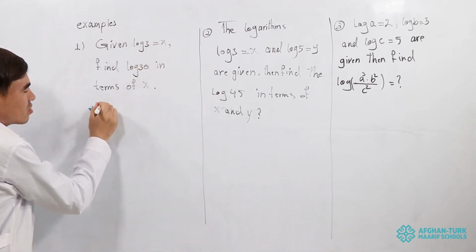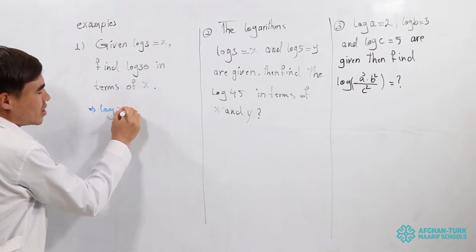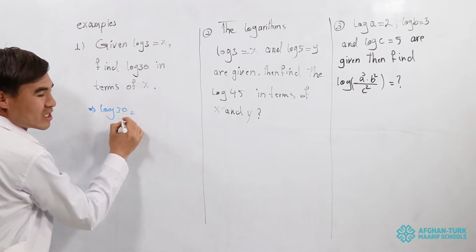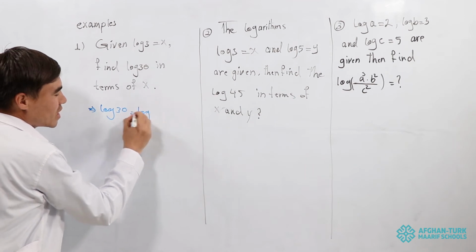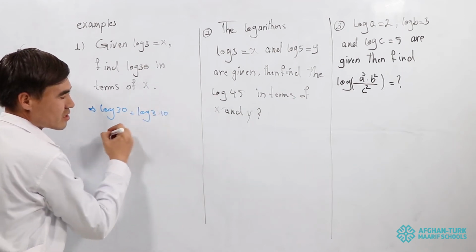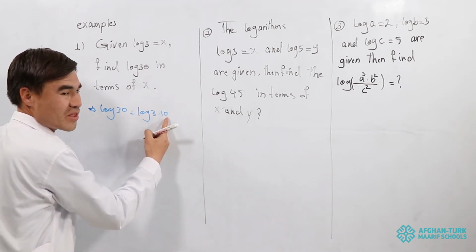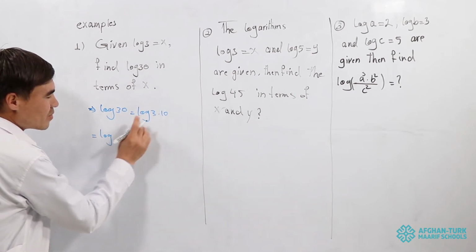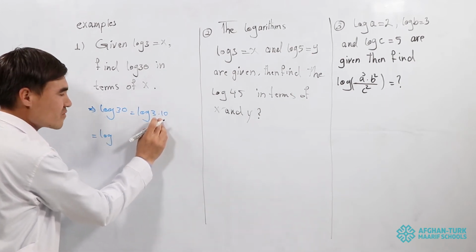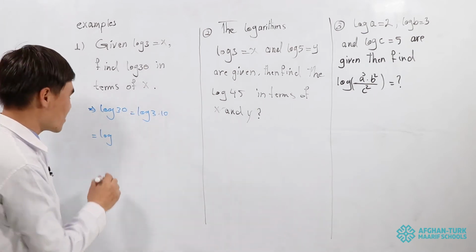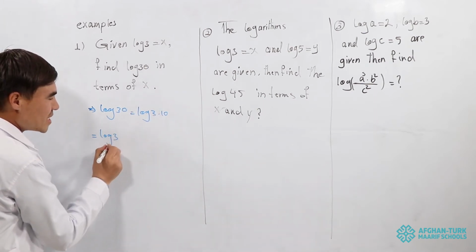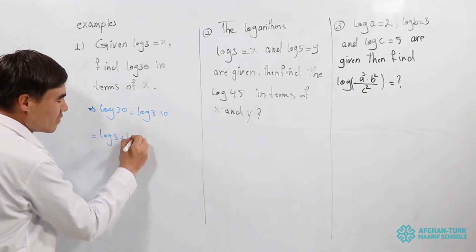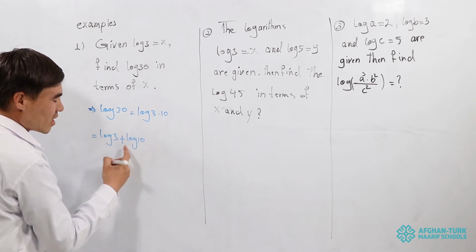Let's check. Log of 30 to base 10 can be written like log of 3 times 10. It doesn't matter. And also log of 3 times 10, because it is in multiplication form, we can change it into addition form. Log of 3 to the base 10 plus log of 10 to base 10.